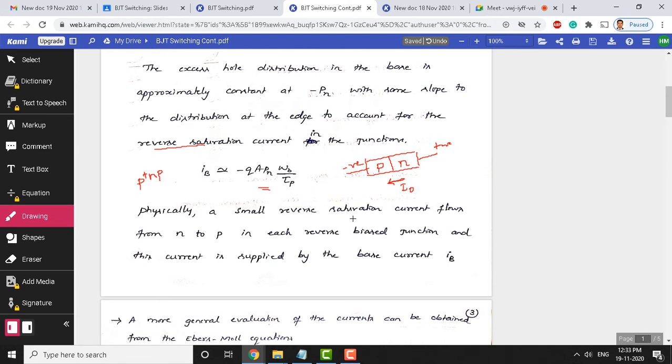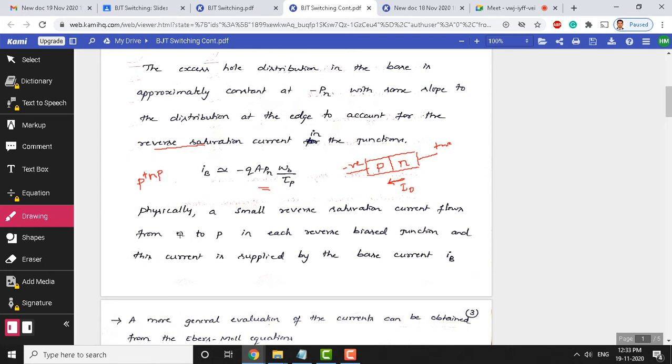Physically, a small reverse saturation current flows from N to P. That's what I showed you for the PN junction, but the same thing happens in the case of the BJT also. So current flows from N to P, from base to the emitter, and this current is given by this expression. In each reverse biased junction, you can also expect the same current from the collector to the base, as I have shown here, flowing from base to the emitter.